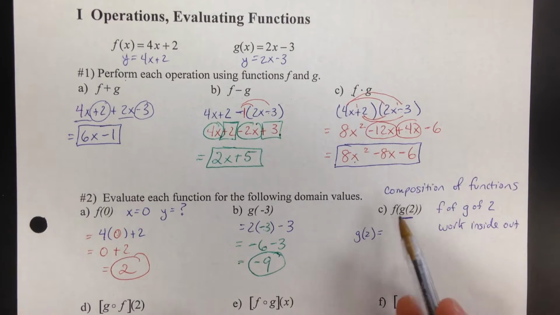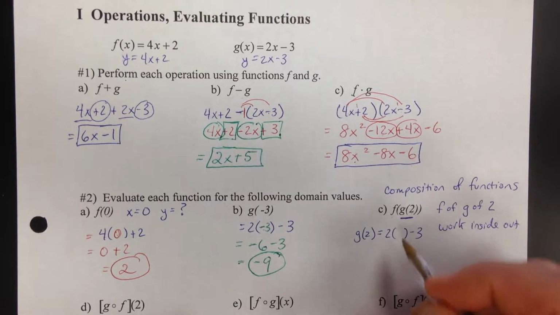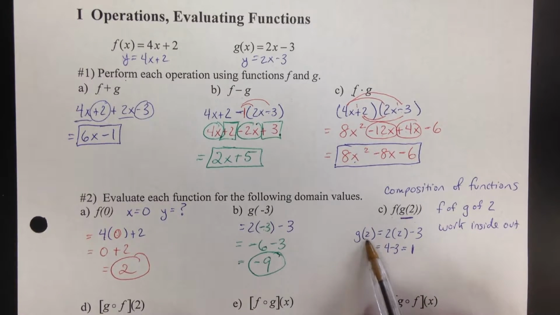And so the g function was 2x minus 3. The x value was 2. So that's 4 minus 3, which is 1. G of 2 equals 1. When you plug a 2 in for x, you get 1 for y.